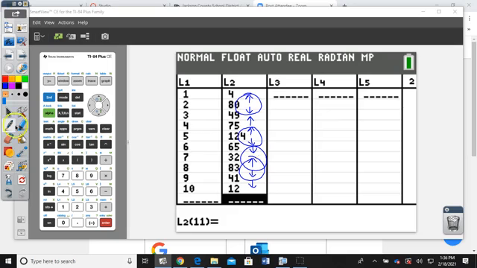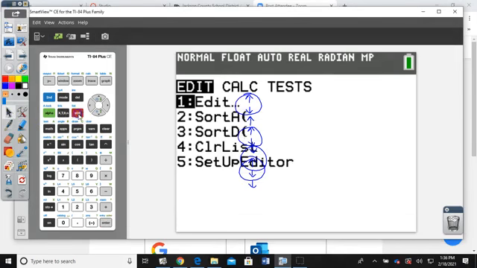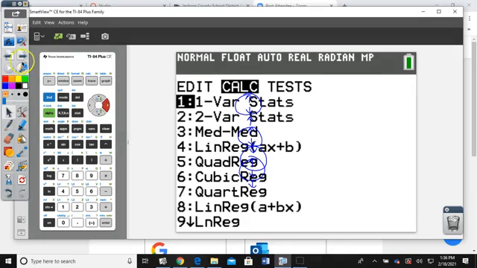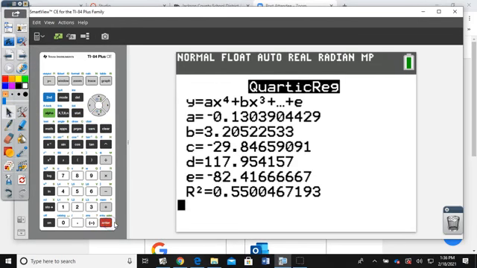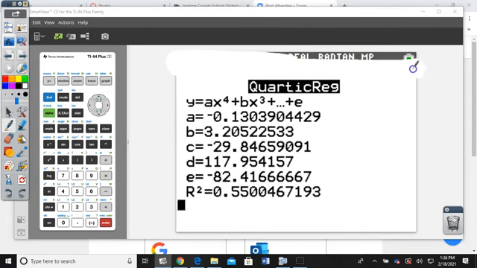So I do the same process. I go back to my stat, edit. I'm going to go down to quartic, which is number 7. Go down to calculate, and there they are, okay? I'm going to give myself a space to write the answer up here.